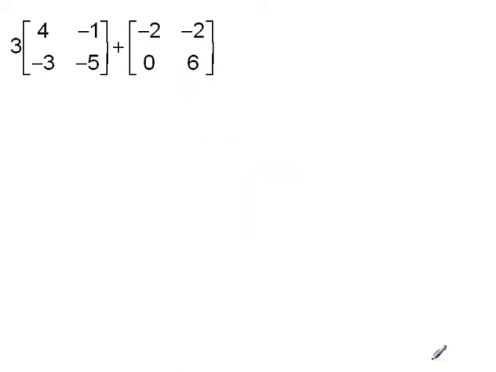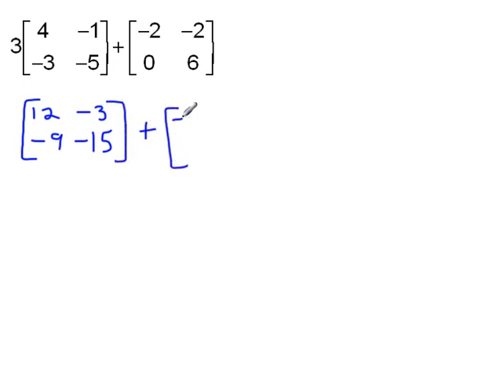Now let's put it all together. I'm going to take this first 3 times the first matrix, that's scalar multiplication, so I'm just going to do that scalar multiplication real quick, and it's going to give me 12, -3, -9, -15. Now I'm going to bring down the other matrix, so it'd be plus the -2, -2, 0, 6.